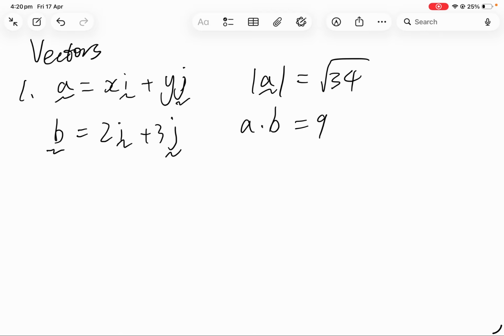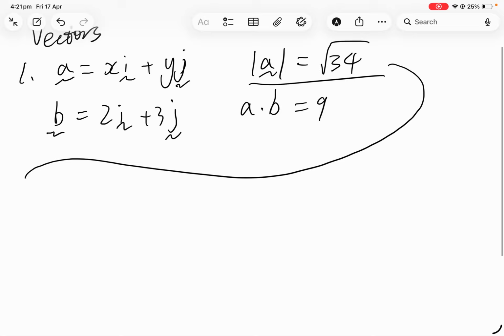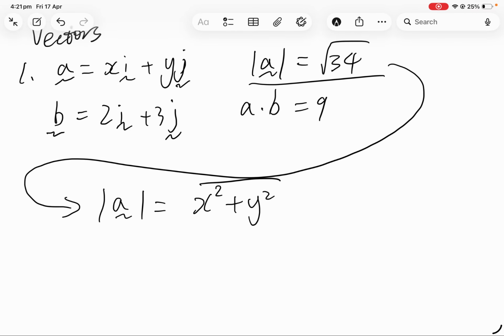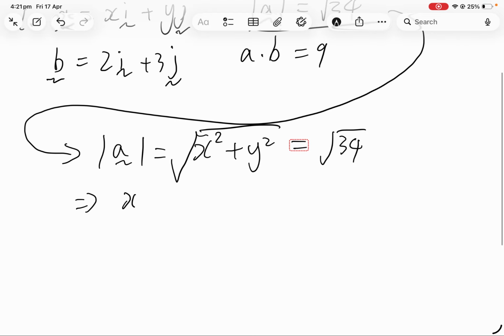Okay, so it's two equations, so it'll be a simultaneous way to do it. The magnitude of A is x squared plus y squared under a square root, like Pythagoras, equals square root 34, which means that x squared plus y squared equals 34.